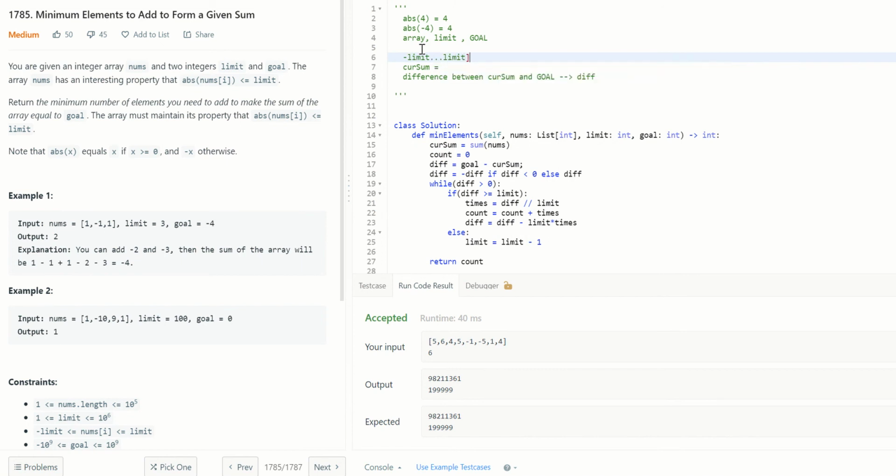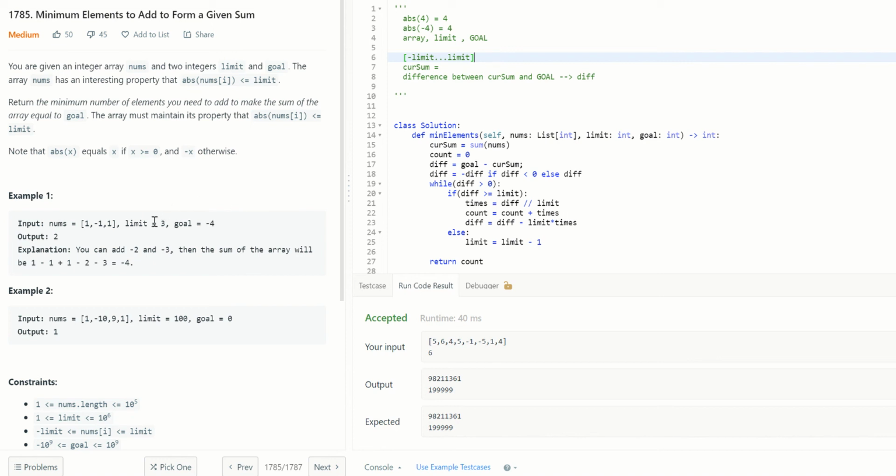This is our range, the elements we can add to the array. This makes the absolute of that number less than or equal to limit. So our number criteria will be negative limit till limit.